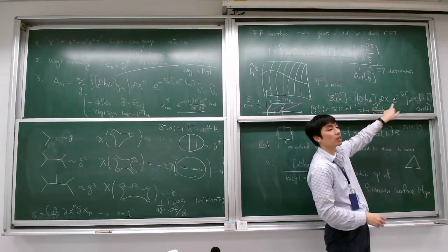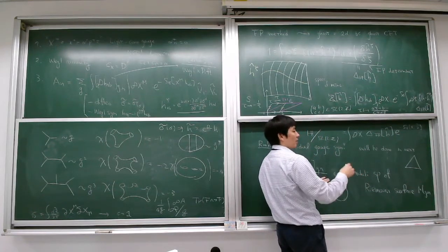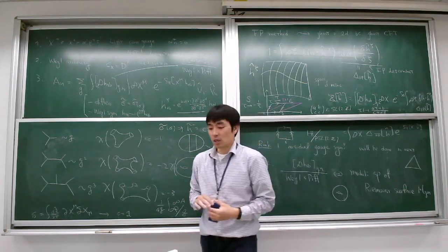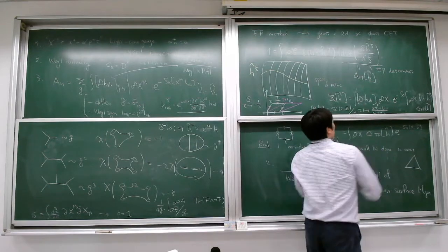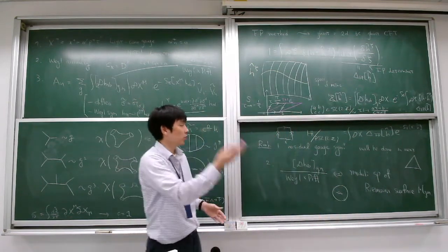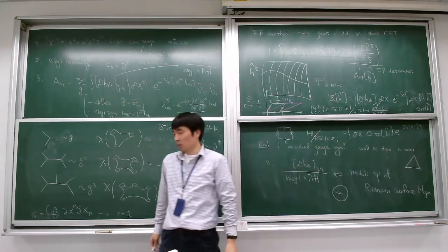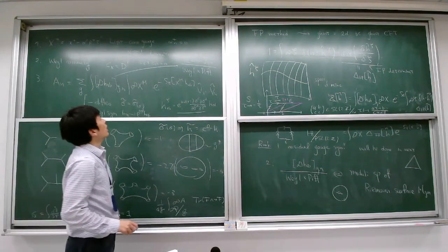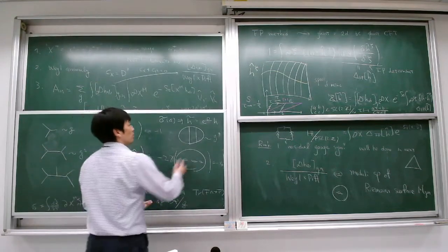Minus 1 cancels, so essentially you have to identify 1 and minus 1. That's called projective SL2Z. This equivalence identifies the 1 and minus 1 elements. And the quotient is the so-called modular space of the Riemann surface, of the torus.